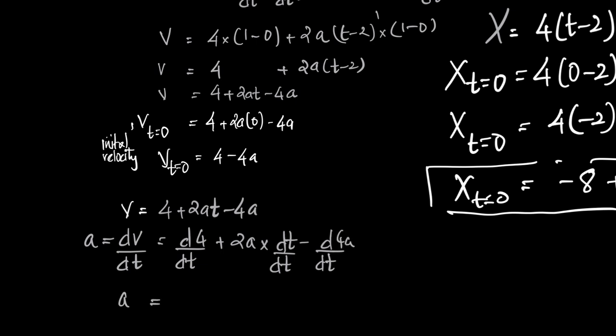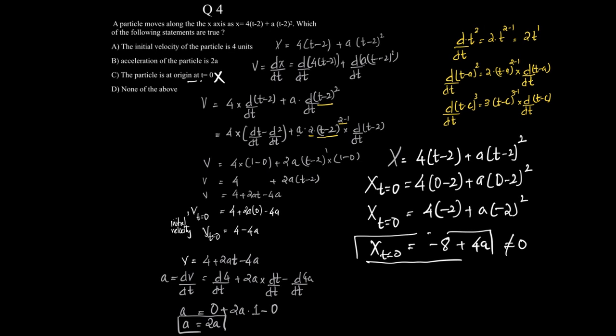So a is equal to d by dt of 4, which is 0, plus 2a into d by dt of t, which is 1, minus d by dt of 4a, which is 0. So what you get is a is equal to 2a. Now what does the option say? Yes, it says that the acceleration of the particle is 2a. Therefore, the correct option is option B.